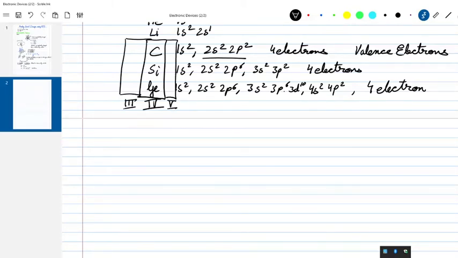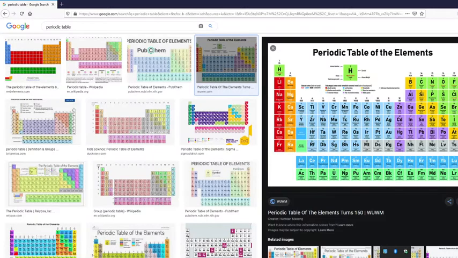So we have elemental semiconductors, which are usually carbon, silicon, and germanium. Then group 3 elements are boron, aluminum, gallium, indium, and so on.